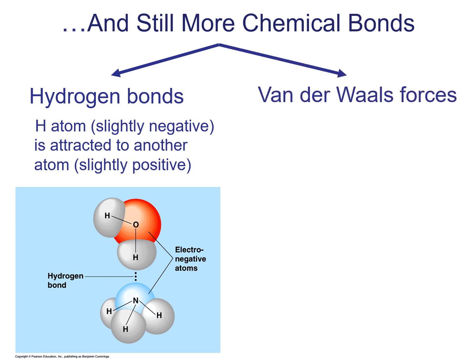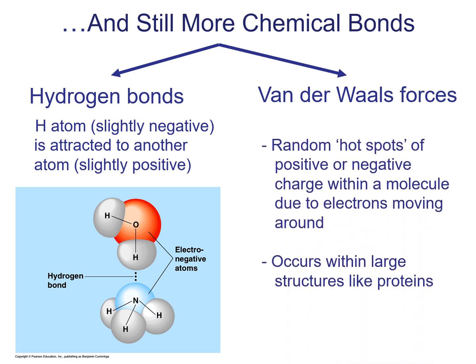A weaker force, but one that's really important on large molecules, is something known as van der Waals forces. And this is due to random hotspots of charge within a large molecule. And this is occurring because, as I mentioned before, electrons are constantly moving around. On a really large molecule like a protein, electrons are bumping all over the place.